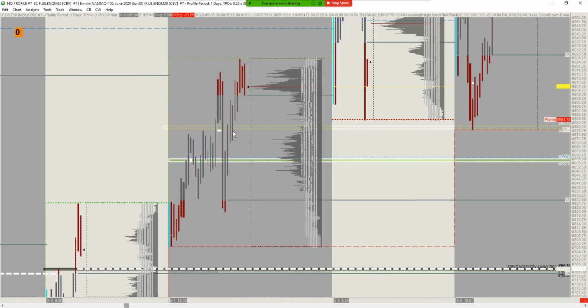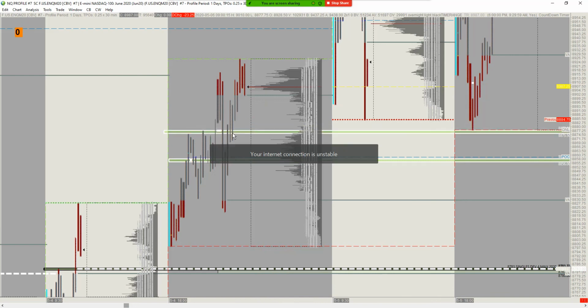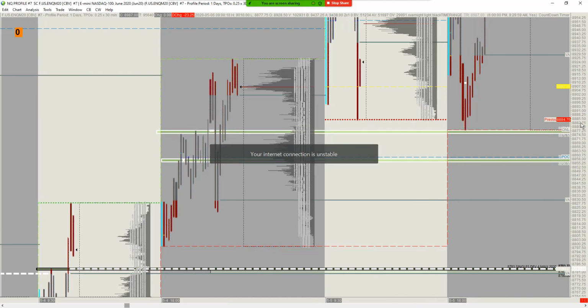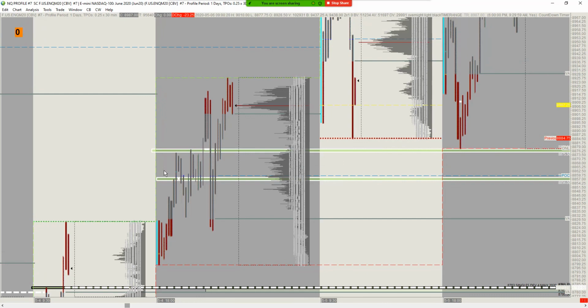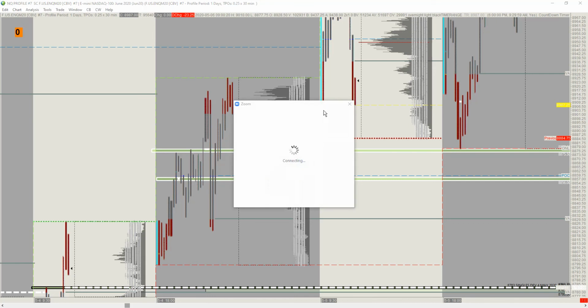What's important for me is that I draw them out like this, and if there was a good number of chop around that, I want to see if the market is able to not really close above it or close below it.